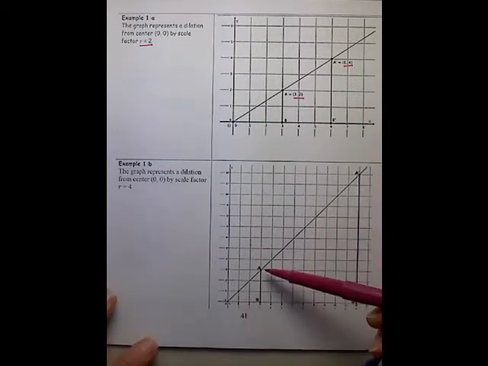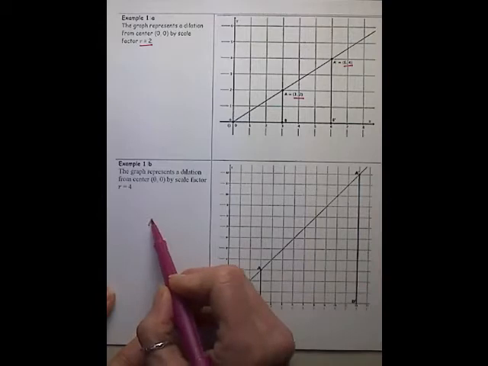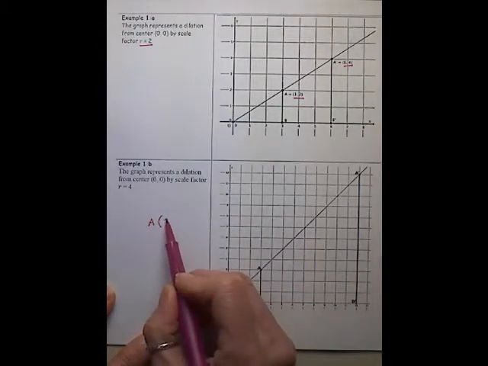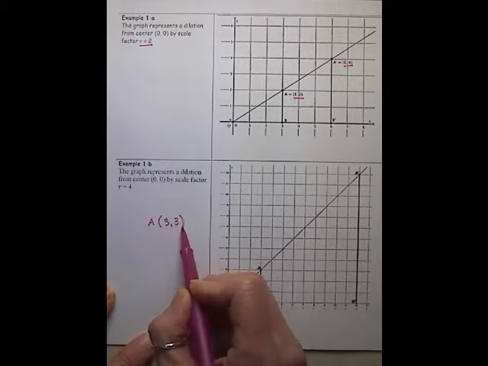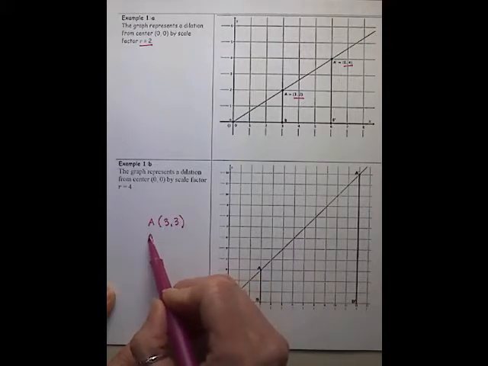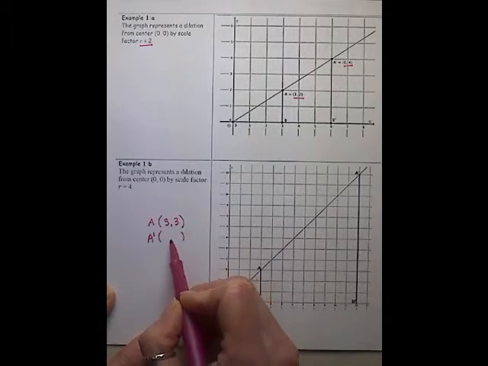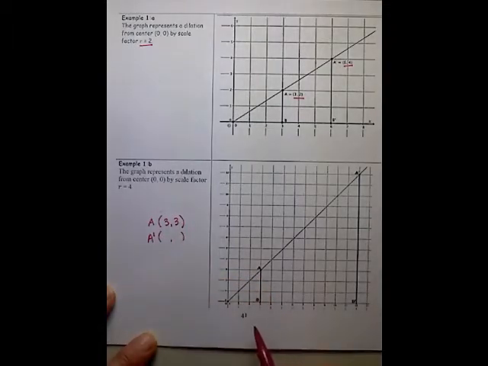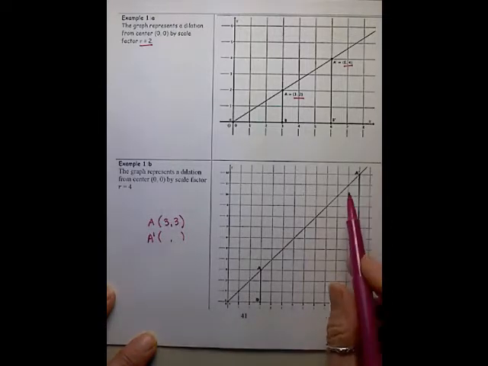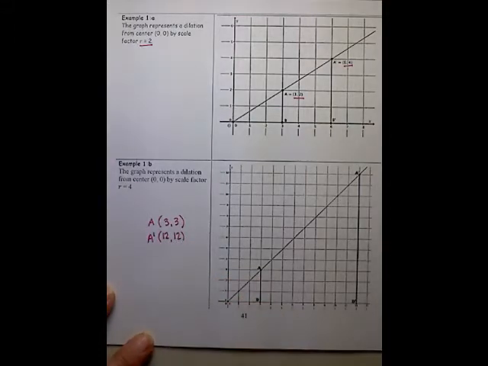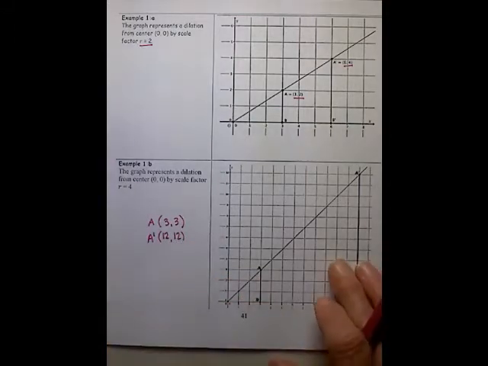Well, let's take a look at the coordinates for A. The coordinates for A are (3, 3). Just based on the previous example, what would you expect the coordinates for A prime to be? Now check and see if they are. Look along the x-axis and the y-axis, and you'll see that they were 12. Did that meet your expectations? Turn the page.